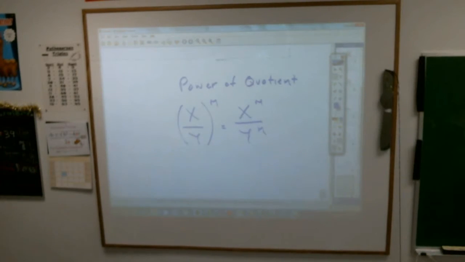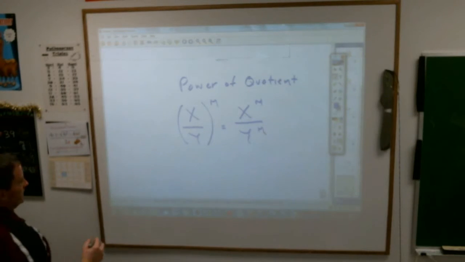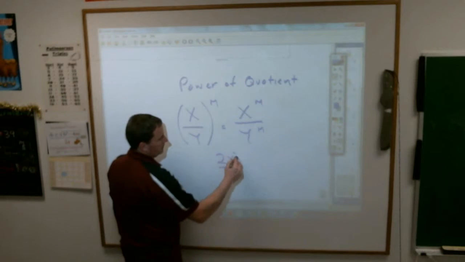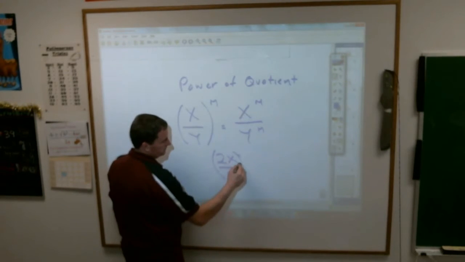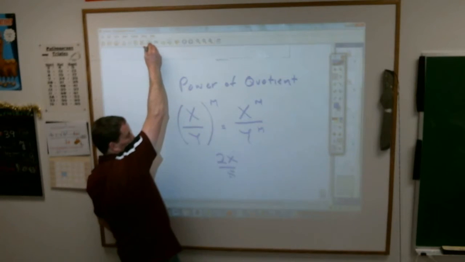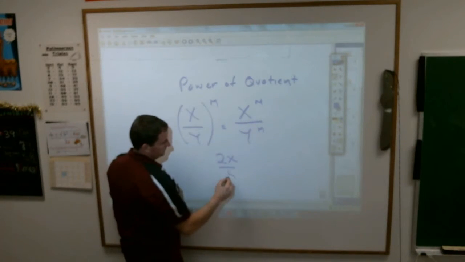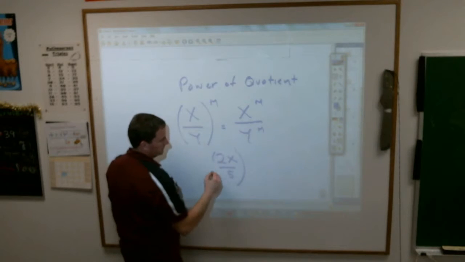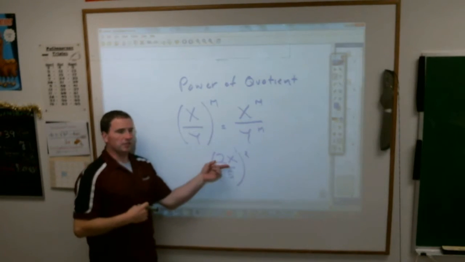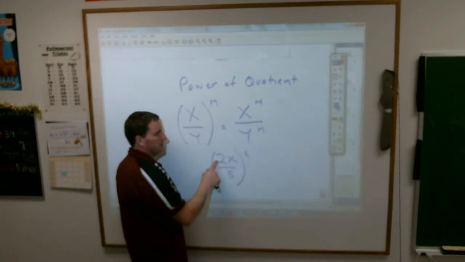Using real numbers, the book gives this as an example. 2x over 5 squared means you're going to get what on top? 2x squared.